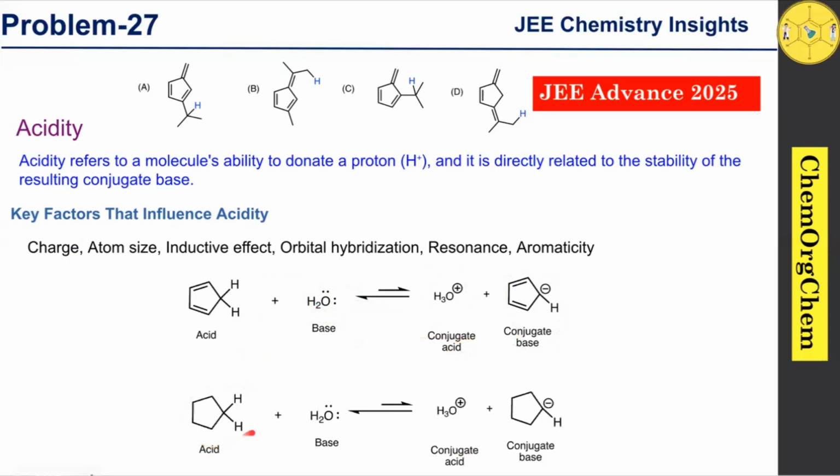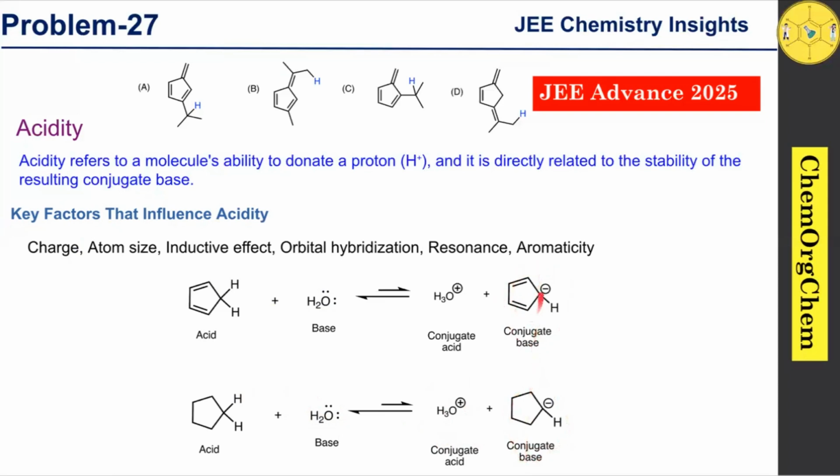Now consider another example. See this compound. Imagine this hydrogen atom is donated to this water molecule, resulting in the generation of this conjugate acid and this conjugate base. Now you should compare this conjugate base's stability with the other conjugate base.